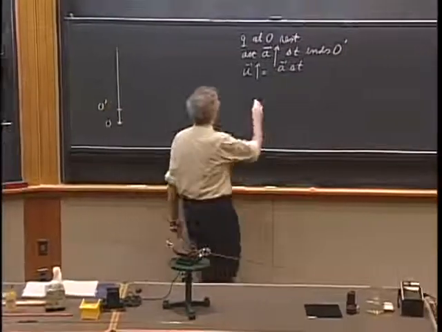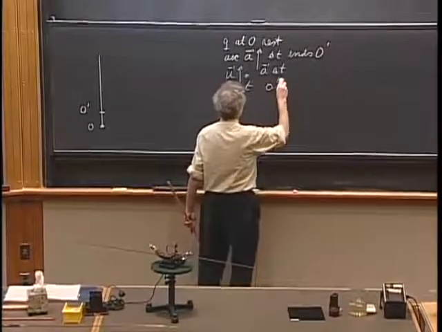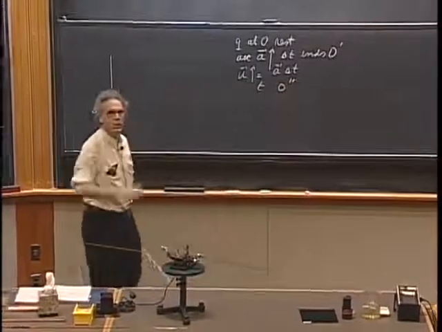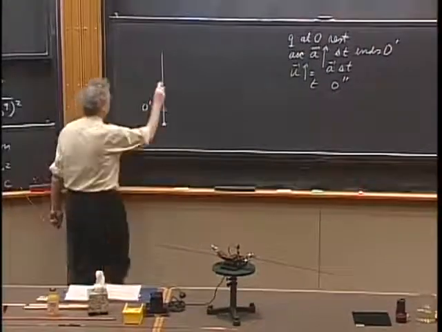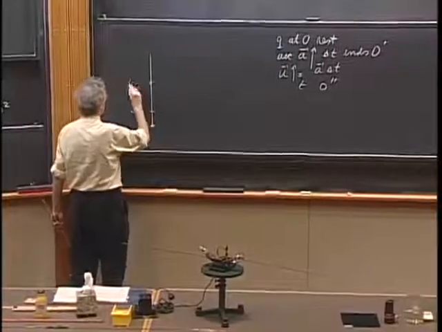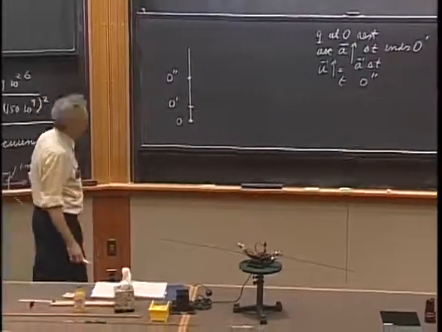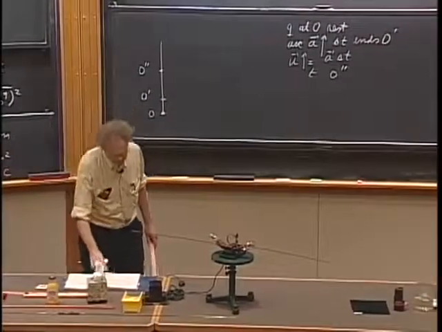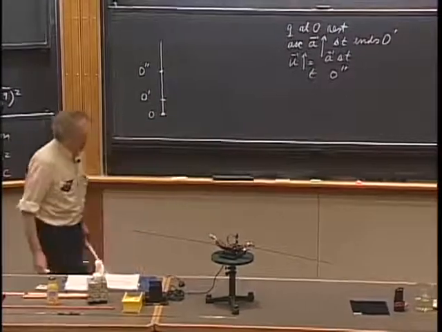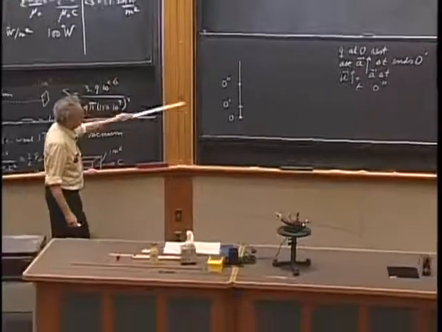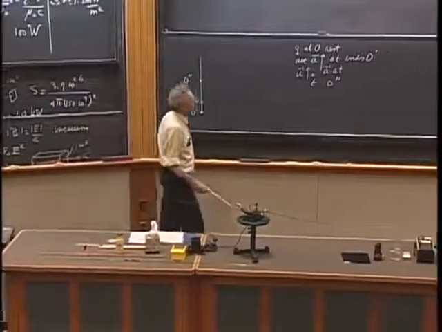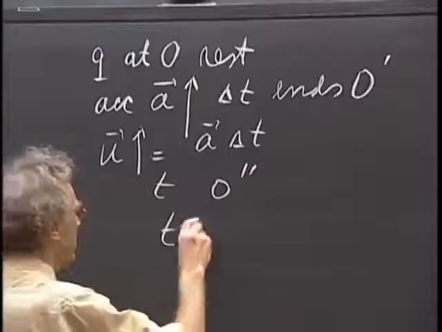And so at time t, we'll find it in O double prime, and it's still cruising, and we just let it cruise. We're not going to interfere with it anymore. And here is then O double prime. The whole exercise from O to O double prime took so many seconds.